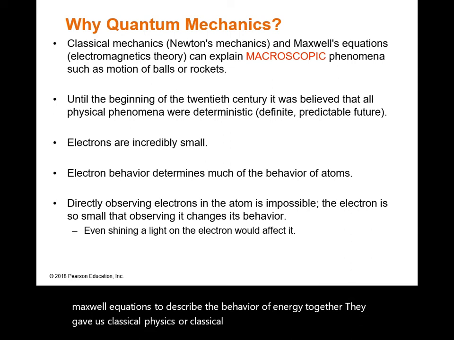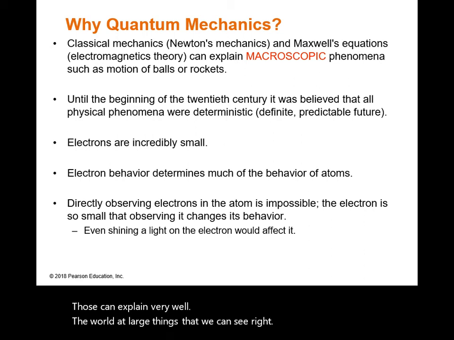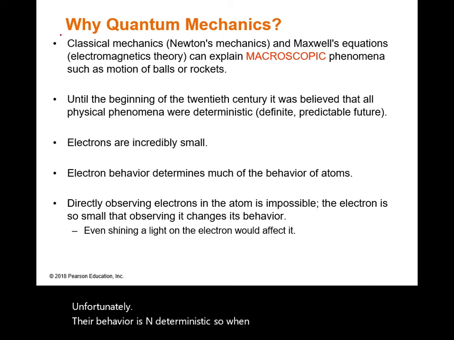Unfortunately, those can explain very well the world at large, things that we can see, right? But when it comes to stuff that we can't see, like electrons, that are incredibly small, then unfortunately, their behavior is non-deterministic. So when we think of classical mechanics, it is very deterministic, right?